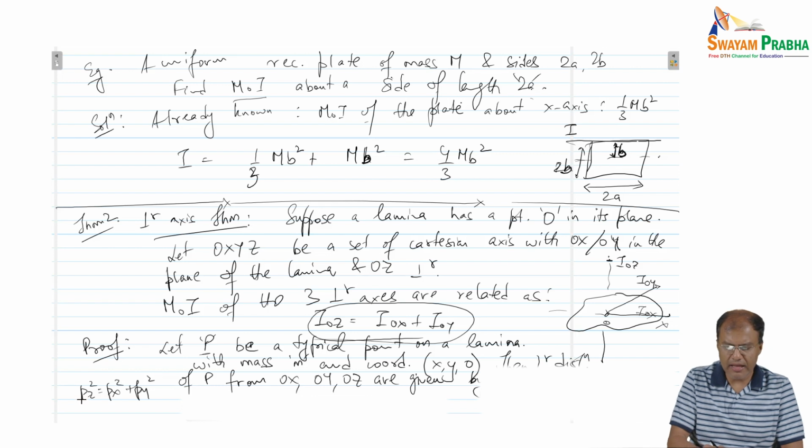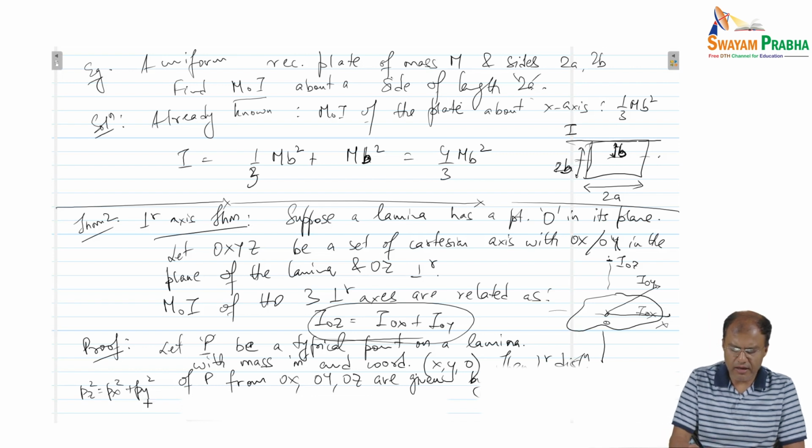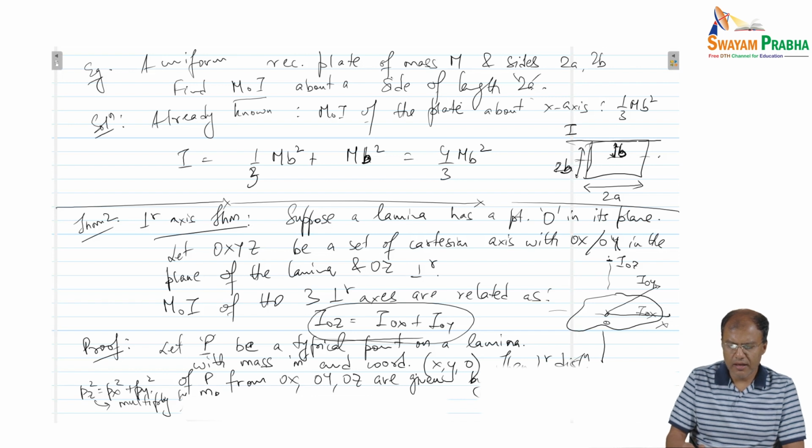And if we multiply this Pz square, Px square and Py square by the mass of the point object at P, we immediately see that the result follows, right?